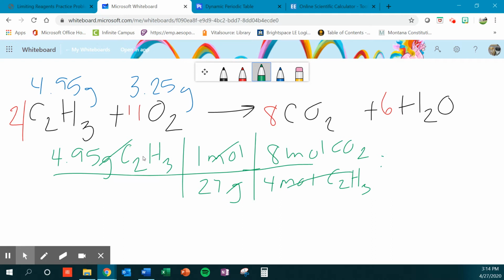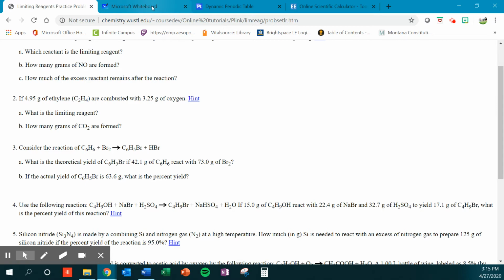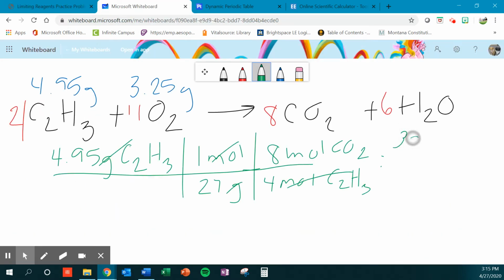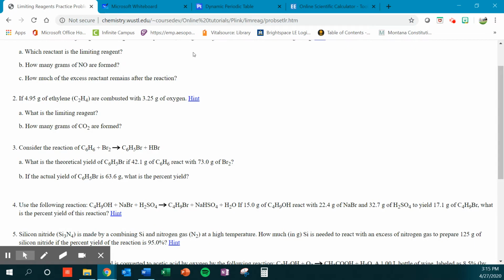So now I just simply multiply across the top, multiply across the bottom, and take the top divided by the bottom. And so we have 8 times 4.95, and that's 39.6, divided by 27 times 4, 108.